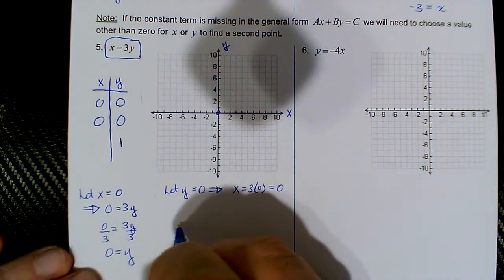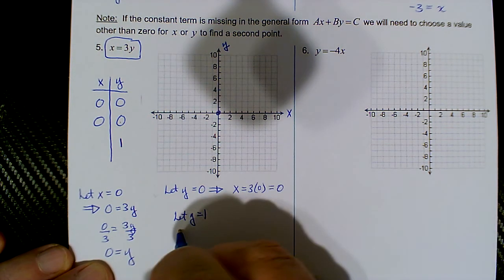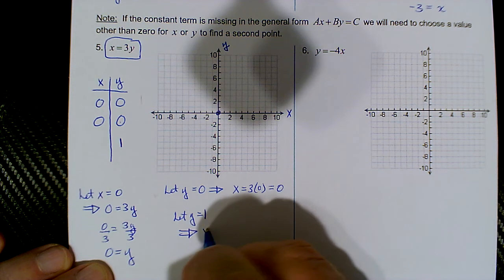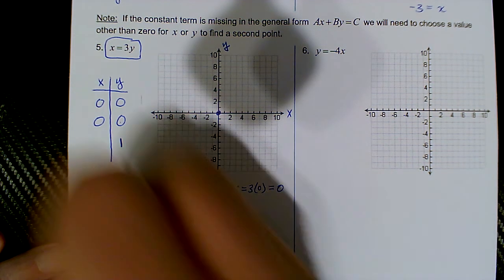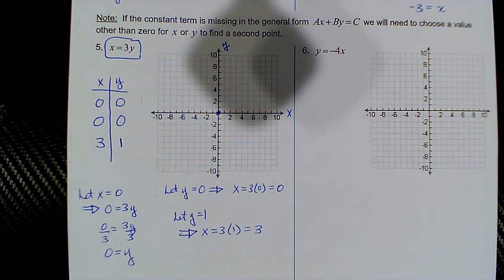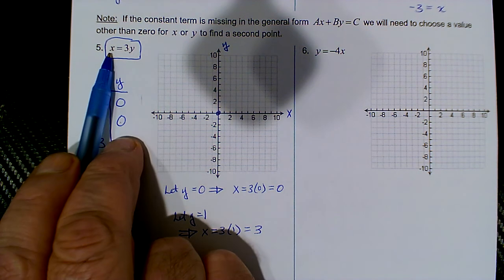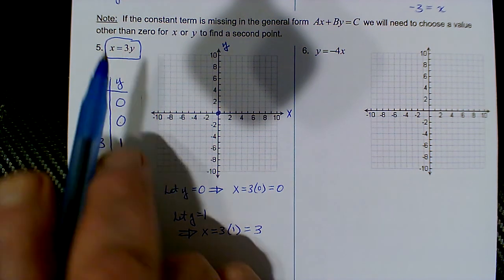And so if I let y equal 1, then we get x equals 3 times 1, or 3. So there's our other point, (3, 1). And you could have chosen any value you wanted for y. If you chose, like, x is 1, you're going to start getting fractions, like you'd have to divide by 3, so you get 1/3 for y.